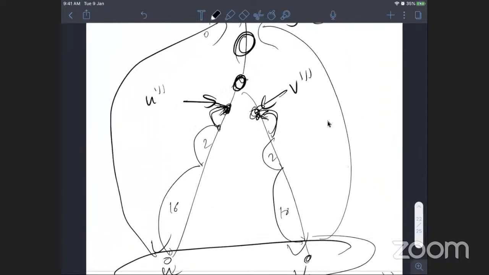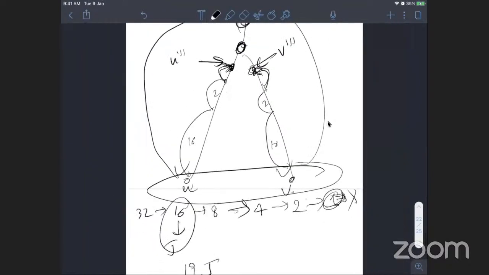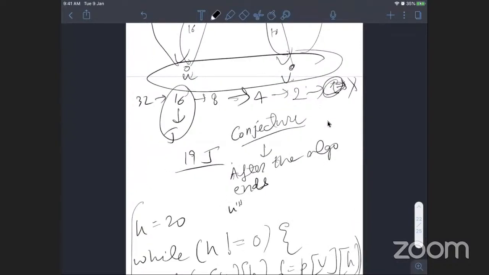If they match, after 19, you don't jump, because notice after 1 gets terminated, our conjecture was that after the algorithm ends, U triple dash and V triple dash will be 1 step away from LCA.